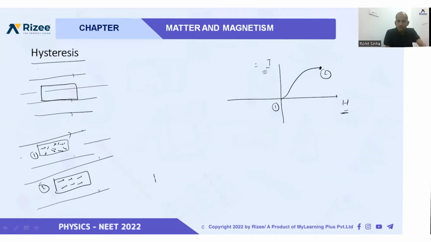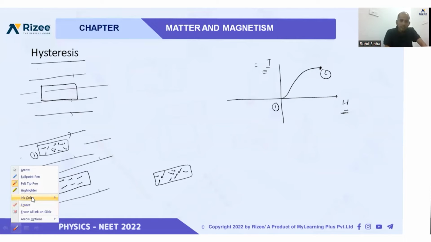They will start de-alignment. They will get disturbed and de-align themselves like this. But we see one interesting fact: when we decrease the magnetic field, it doesn't follow the same path, but it follows this path.